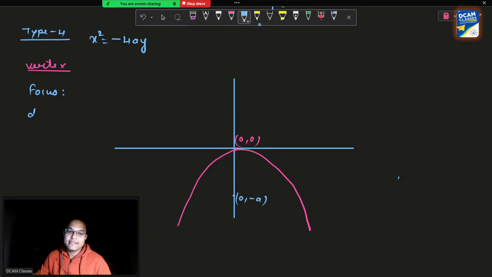And directrix, I want the equation and the point where it will be intersecting my axis. y is equal to a. Very good.